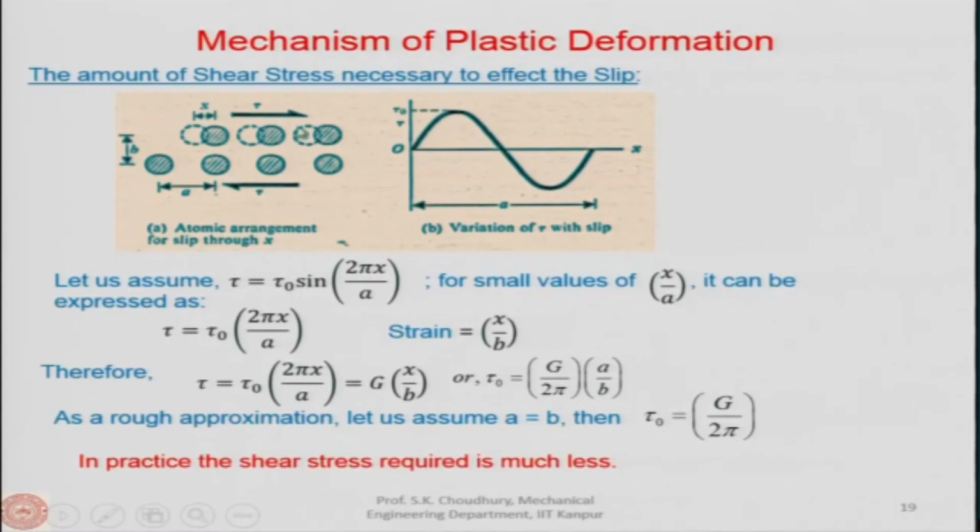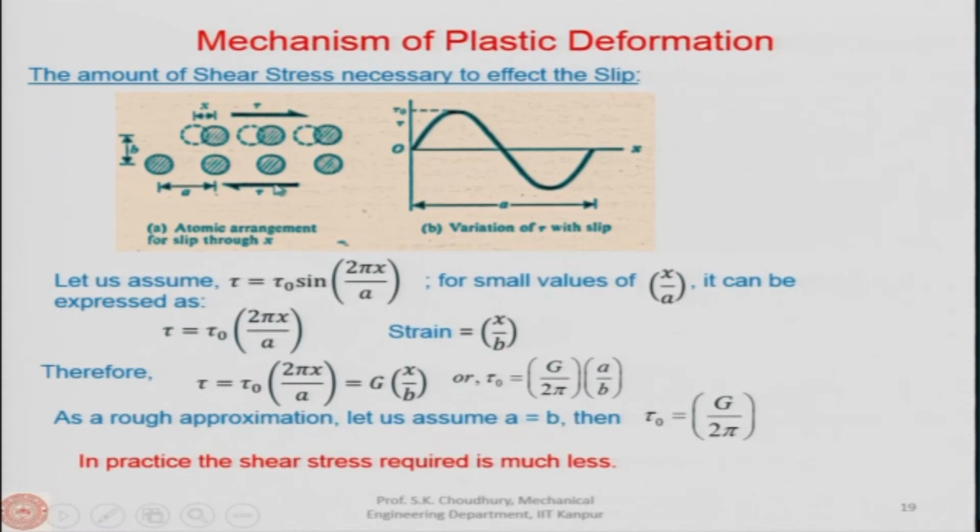Suppose you have the lattice structure like this, the material that has been given for the plastic deformation has the lattice structure as shown here. So, this is the distance, let us say, that has been moved from here to here, okay, because of the application of the shear stress tau. All right.